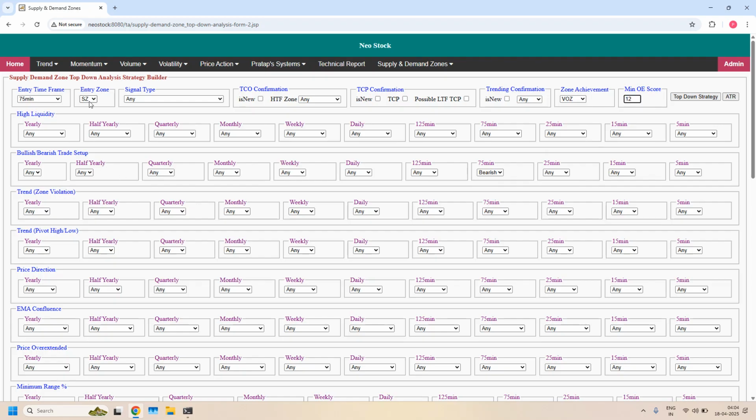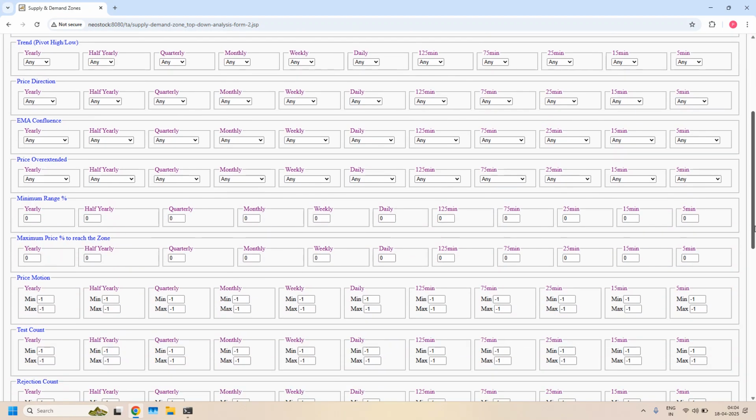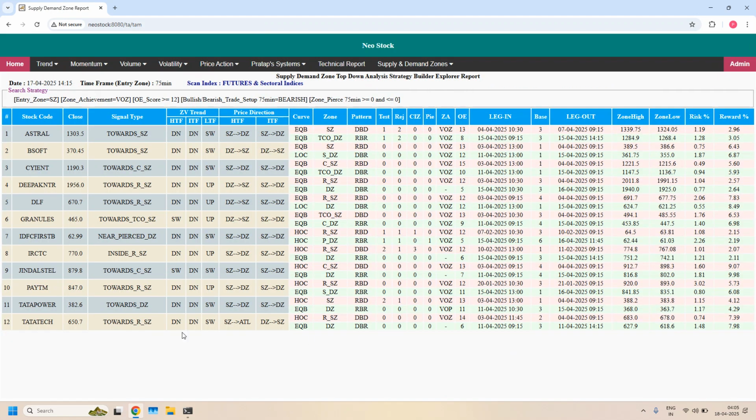And the 75 minute supply zone should not be pierced. So in the pierced count parameter, at 75 minutes time frame, I am selecting minimum value 0, maximum value 0. With these filters, we got 12 stocks.